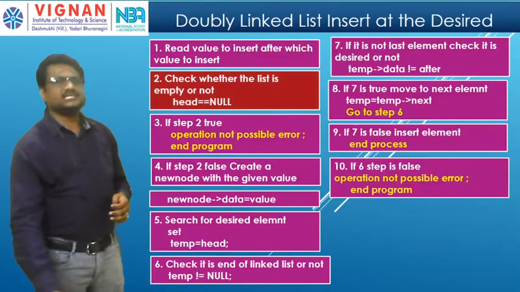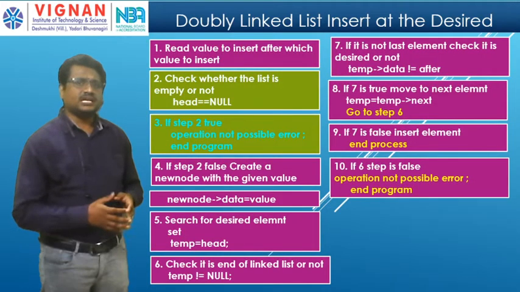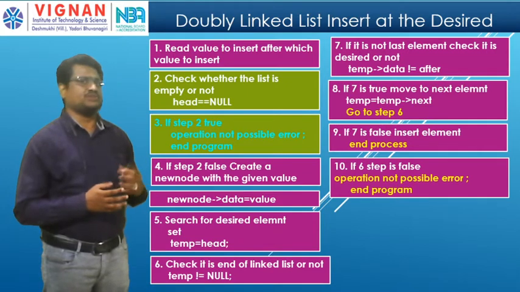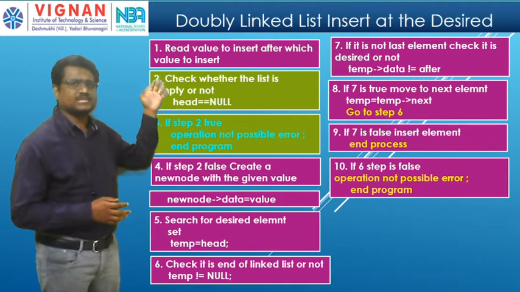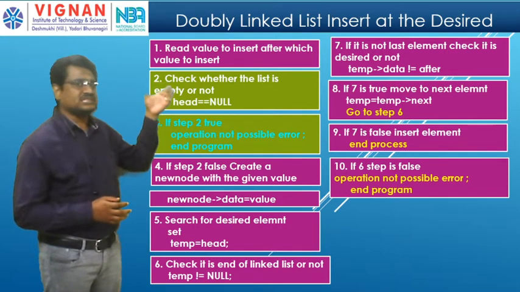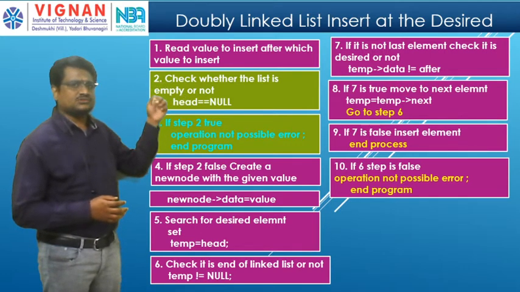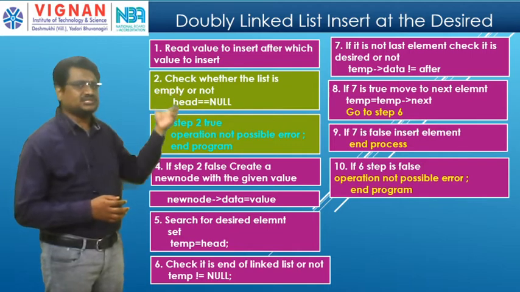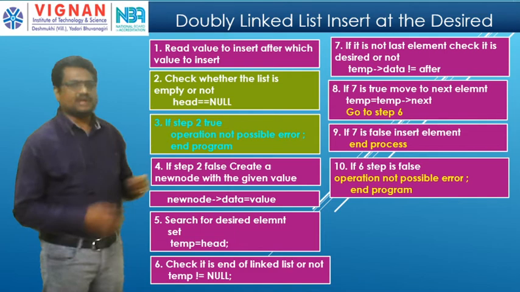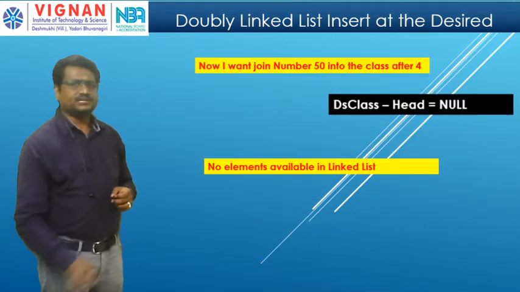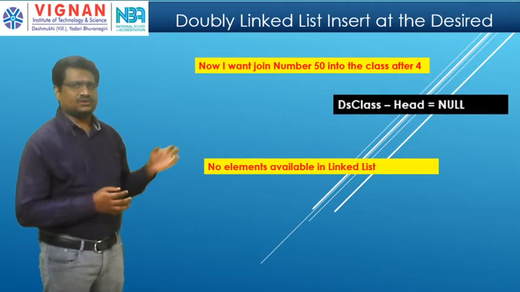Now in the second step, I'm checking whether the linked list is empty or not. If it is an empty linked list, as I previously explained, and I want to insert at the desired position, then since the list is empty, I can't find the desired element. Am I right? So I will directly put an error message. See here, you know how I am checking?